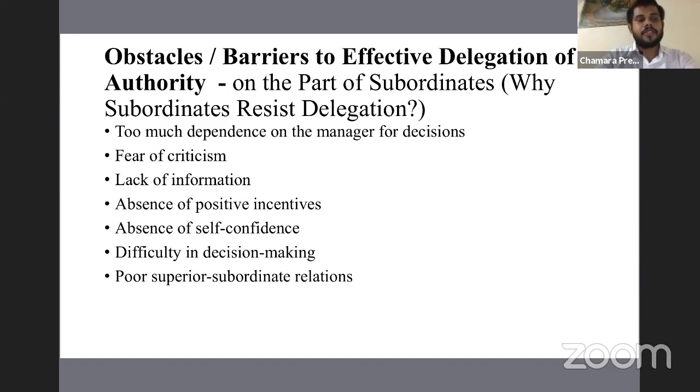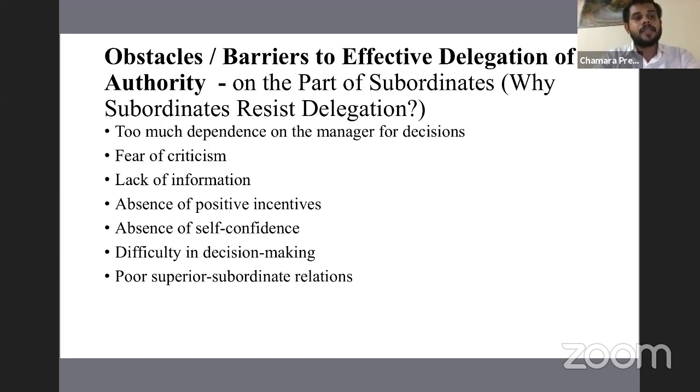Absence of self-confidence: sometimes the subordinates don't have self-confidence, they can't trust themselves. And difficulty in decision making: we think that we will make a wrong decision, and because of that we don't like to get these authorities.